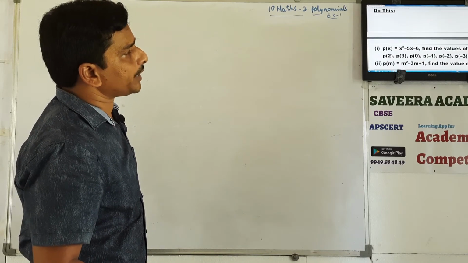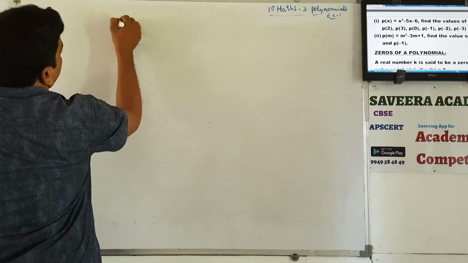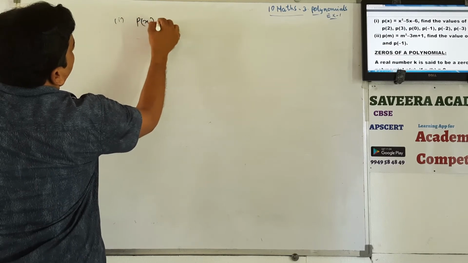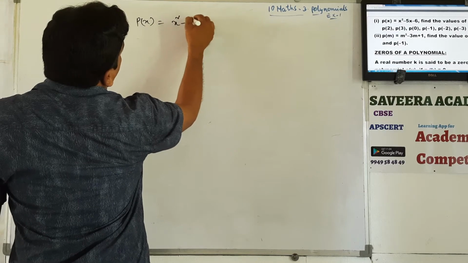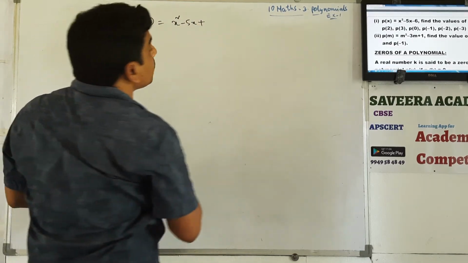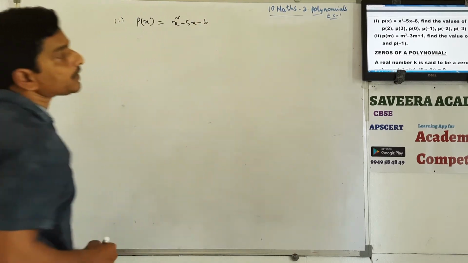Let us do these things. Here first one, p of x is given: x square minus 5x minus 6.